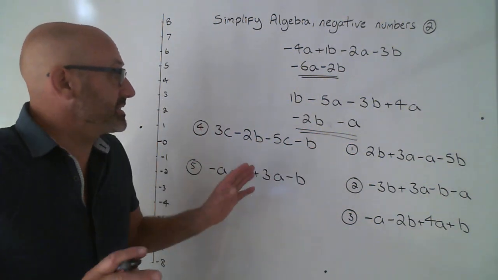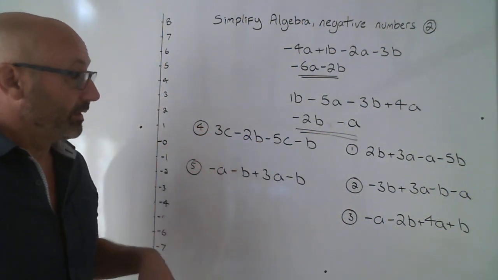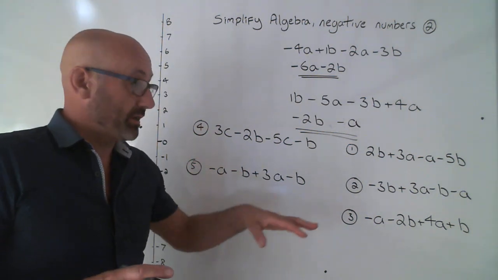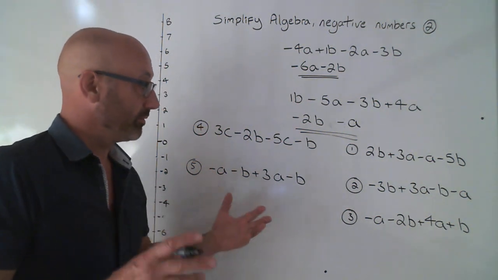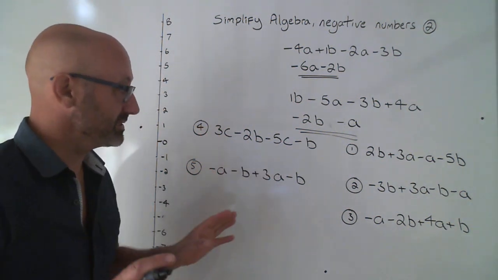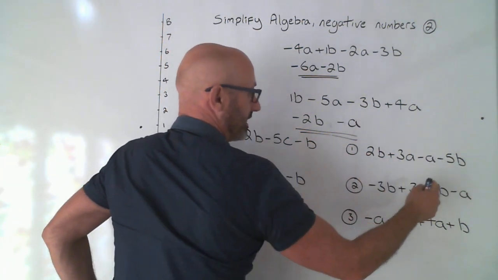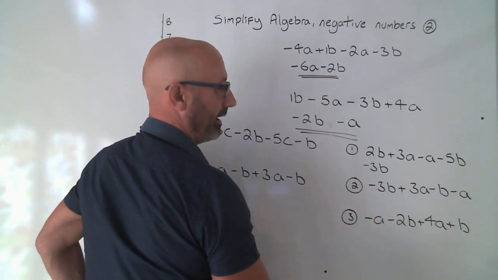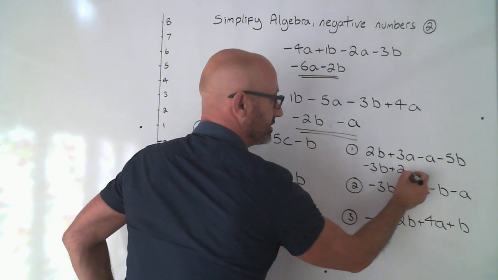Okay, right. Let's see how we got on. It's the sort of thing there's going to be the odd mistake on. So look, it's not the end of the world if you make a little mistake on a question. So we've got 2b minus 5b is minus 3b. 3 here, take 1a is 2a.